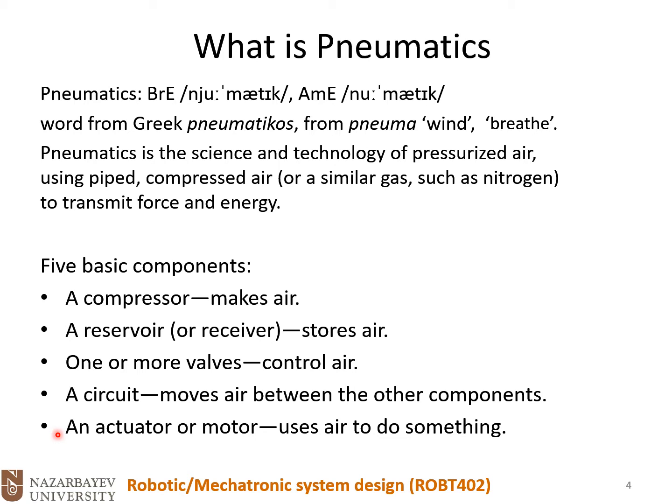An actuator or motor uses air to do something. So here we pressurize air, we produce that power, we reserve it here, we control it by valves, we transmit it by pipes and circuits, and finally we reach the actuators to produce force and basically do some work.